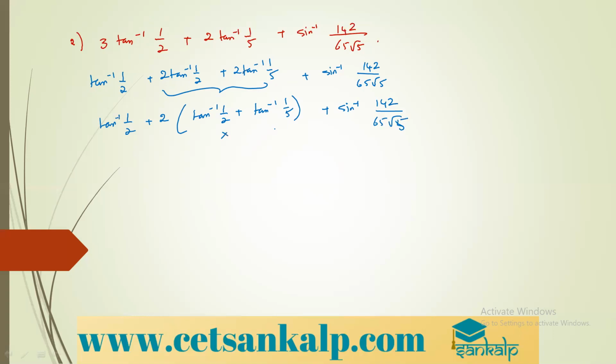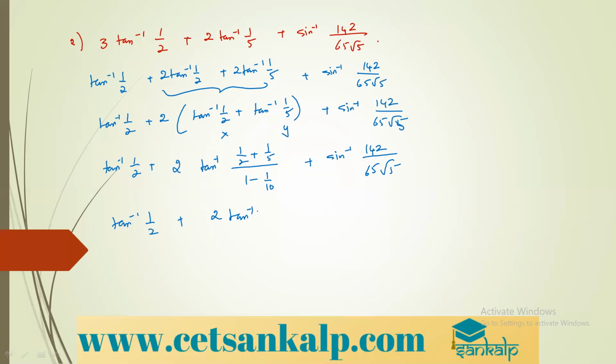Now I can use the tan inverse x plus tan inverse y formula, which I have written in the synopsis. That is 2 outside, tan inverse (x plus y) by (1 minus xy), plus sine inverse 142 by 65 root 5. Or I can write this as tan inverse half plus 2 tan inverse 7 by 9, plus sine inverse 142 by 65 root 5.